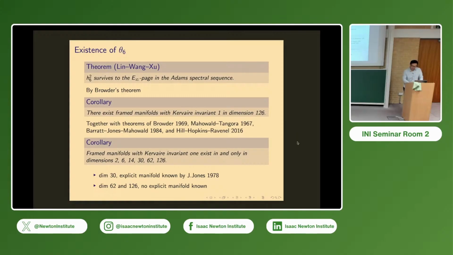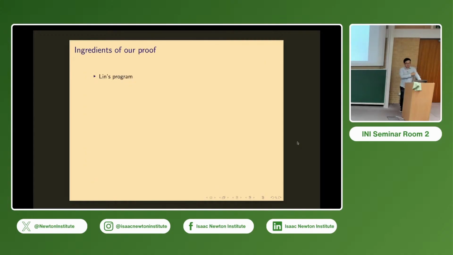But all right. For the ingredients of the proof, Weinan Lin is the programmer of this project, who made computer programs to compute various things for the Adams spectral sequence. The first thing he did, using the theory of non-commutative Gröbner bases, is compute Ext over the Steenrod algebra.